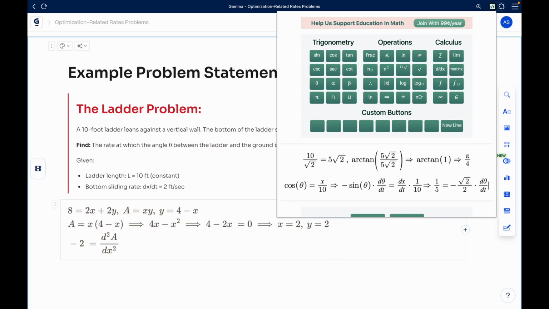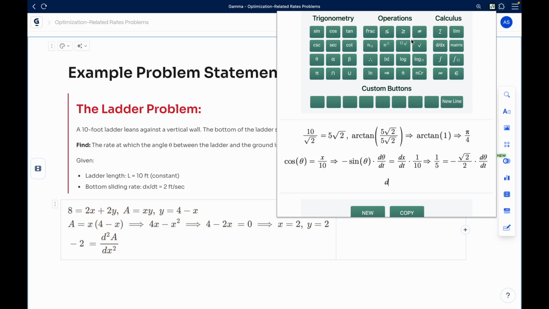So d theta divided by dt is equal to negative 2 divided by 5 times the square root of 2, or negative 2 multiplied by the square root of 2 divided by 10, which is negative the square root of 2 divided by 5, and that's going to be about 0.2 something.